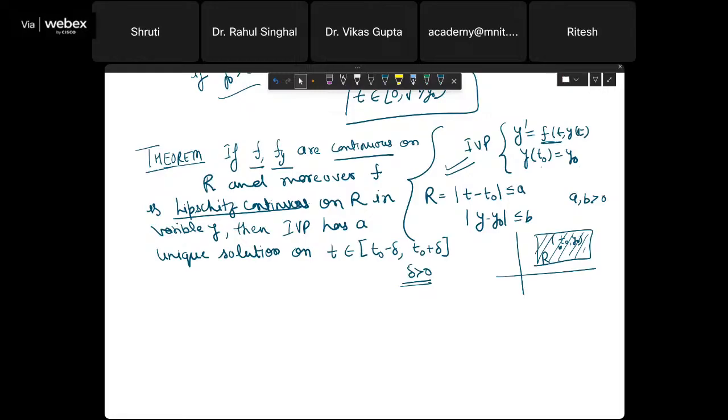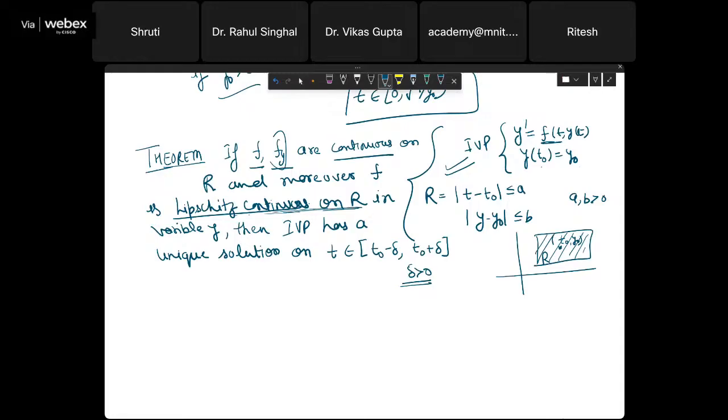The same conditions will be valid, but we need not take anything over f_y. So with the Lipschitz continuity and the continuity of the f function on R itself, we can state the global existence, or we can say the non-local existence of the unique solution of the problem over the whole domain.